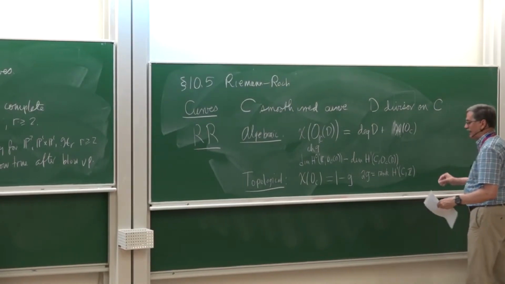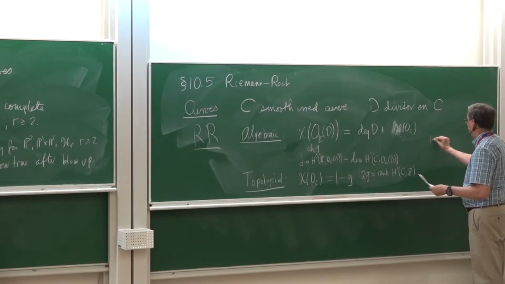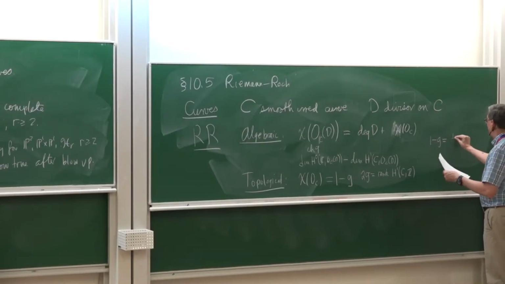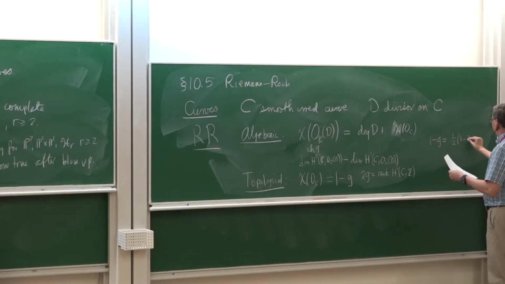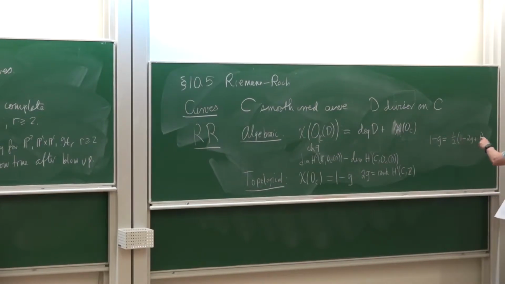But it turns out another way to think about it is, notice that 1 minus G, I can think of this as 1/2 times (1 minus 2G plus 1). So that plus that is 2, which gives 1, and that of course gives that.